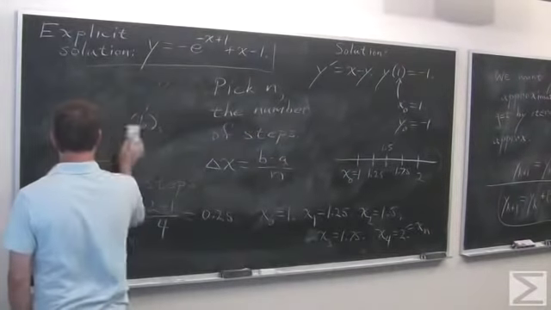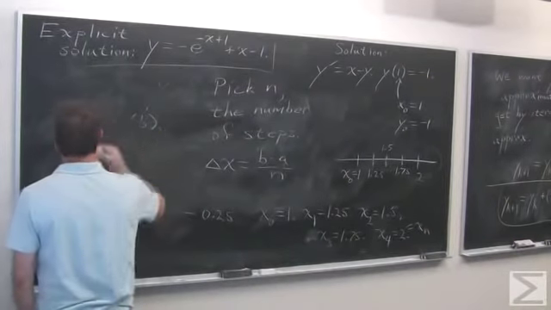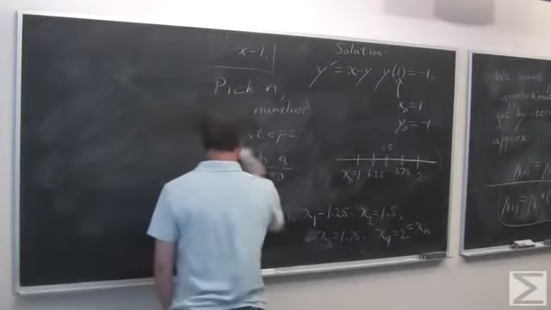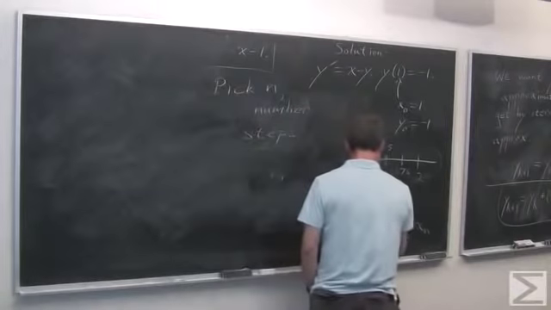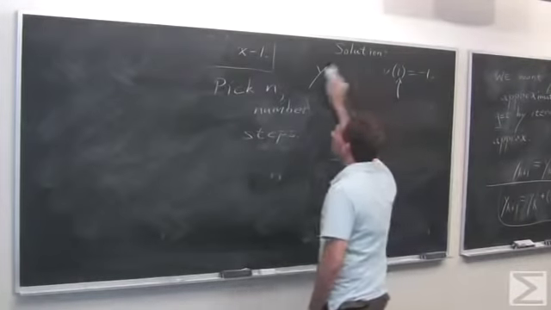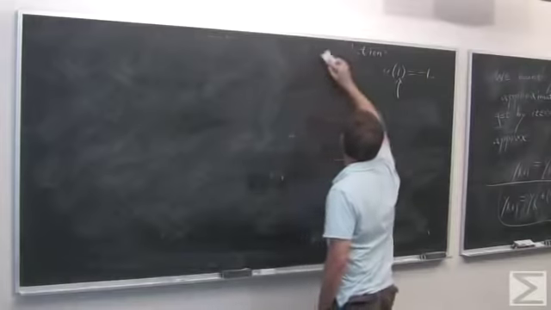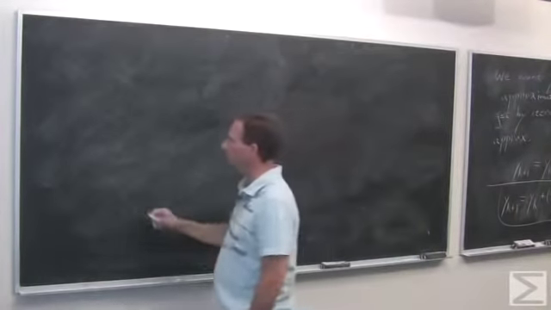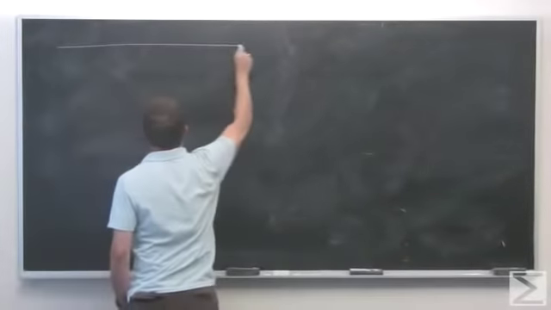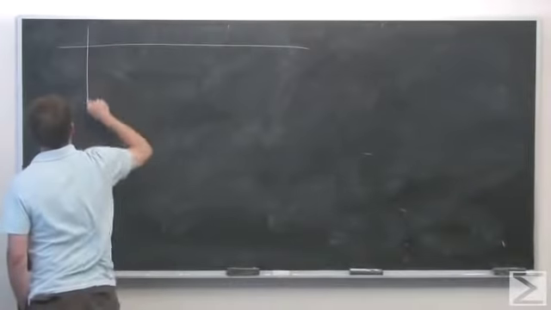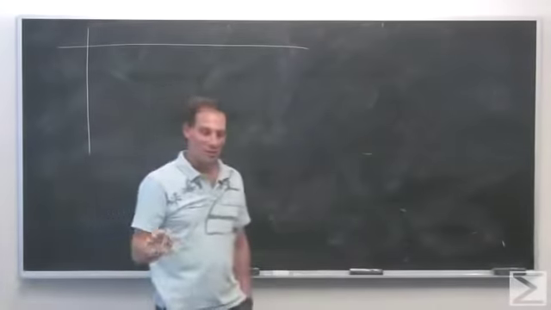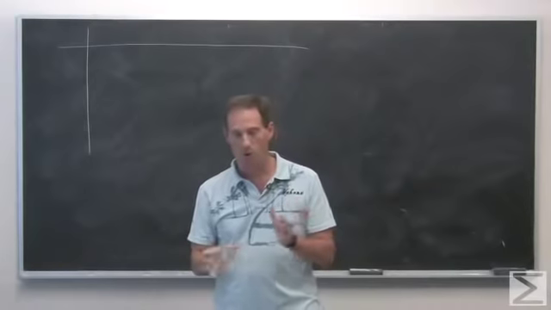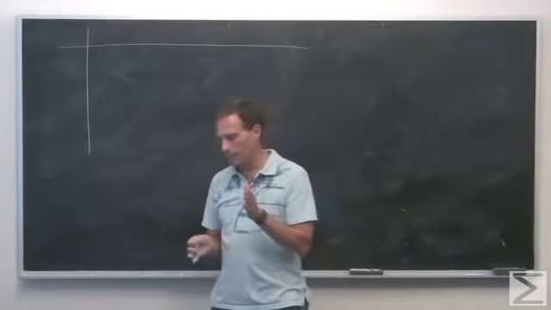So let me set this up in a table, and it'll be set up for me to talk about what you would put in a spreadsheet. So it fits nicely in a table, whether you do it by hand or on a computer. Different people put different things for these column headings. Some people put more columns, some people put fewer.